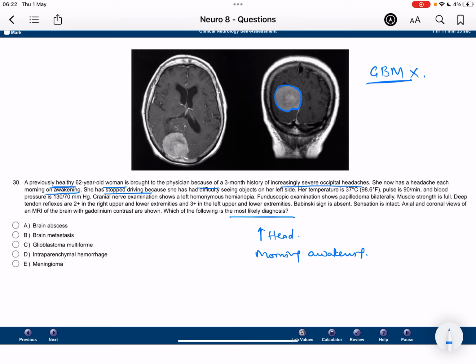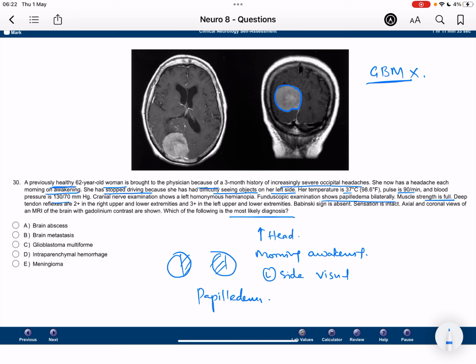She has stopped driving because she has difficulty seeing objects on the left side. She has visual symptoms as well. Temperature is normal, pulse is normal, blood pressure is normal. Cranial nerve examination shows left homonymous hemianopia. Fundoscopic examination shows bilateral papilledema.